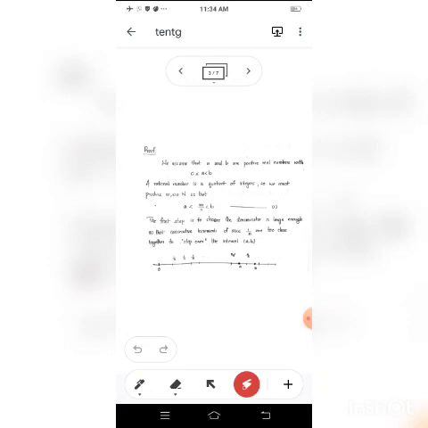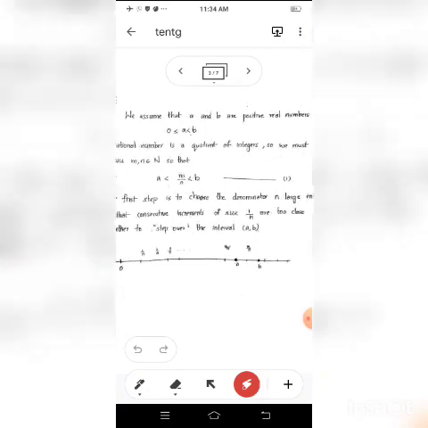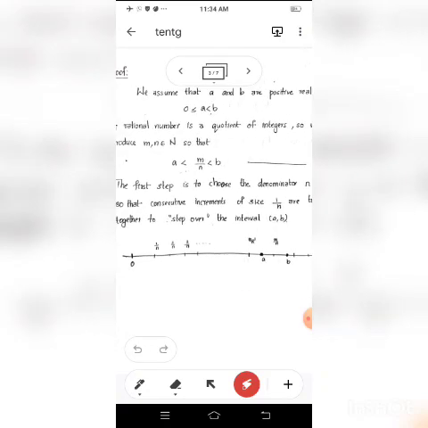The first step is to choose the denominator n large enough so that consecutive increments of size 1 by n are too close together to step over the interval ab. First we have to choose the natural number n, the denominator.